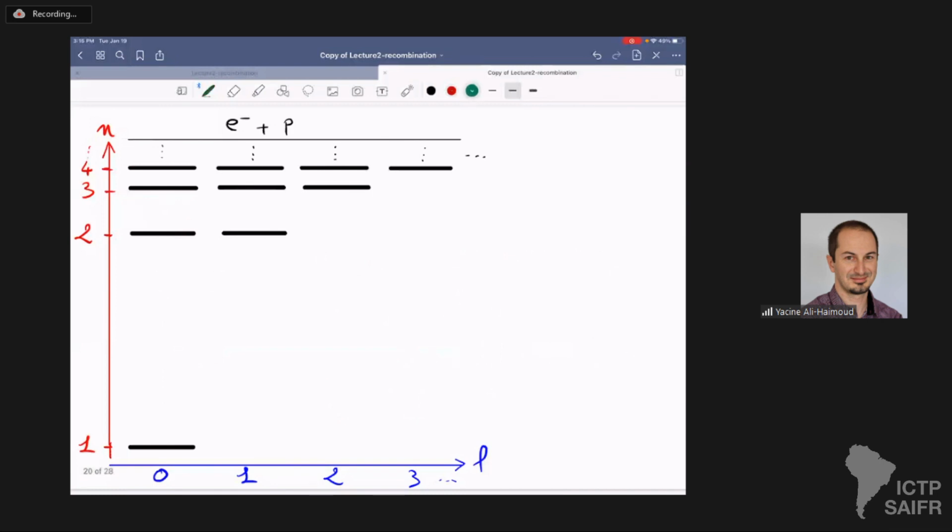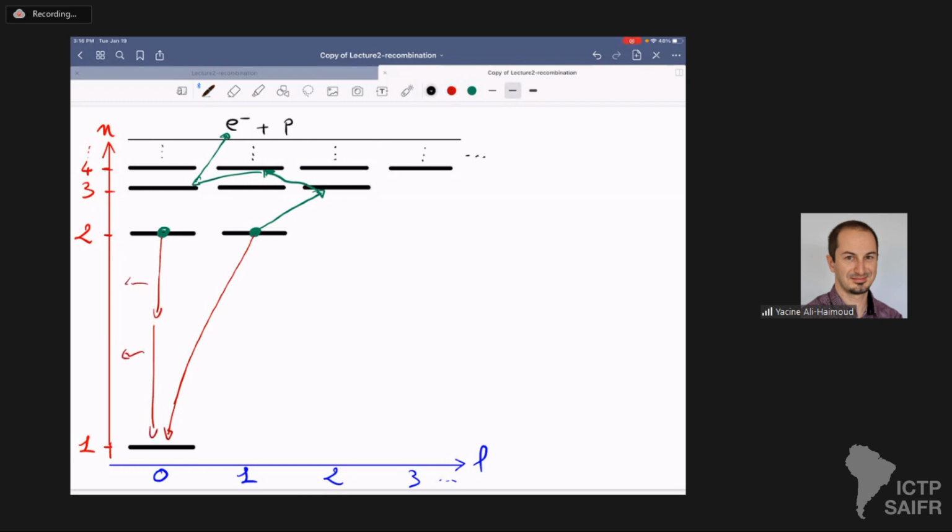So moving on, putting things together. If I start somewhere in n equal 2, either I will get excited to some other state, and then excited again, and then maybe some decay, and then photoionized. Or I will transition to the ground state, either through Lyman alpha or through 2-photon emission.